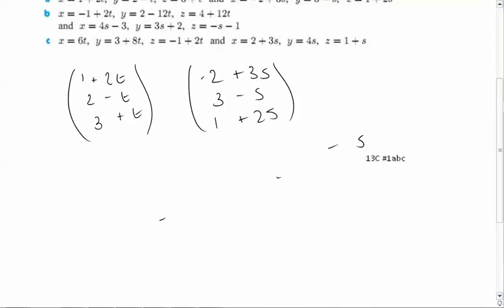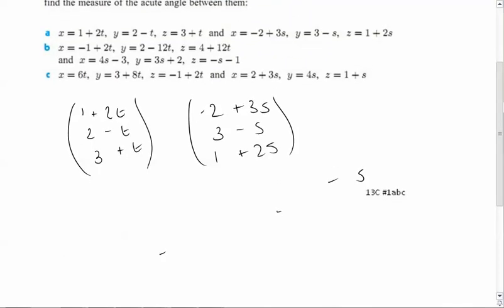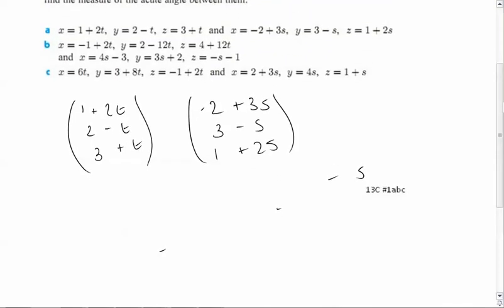So basically, for question A, these are the matrices for both sides for x, y, z, because it says and.